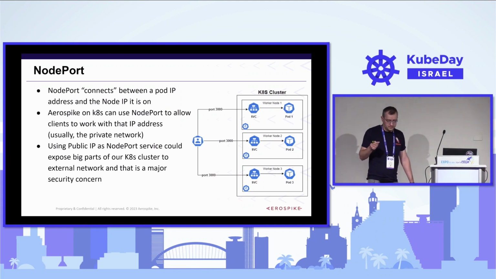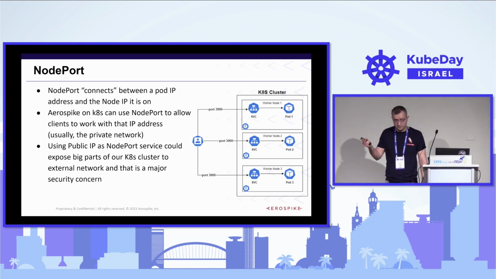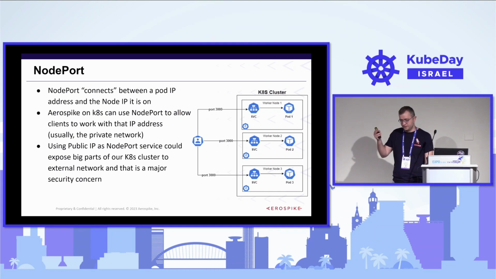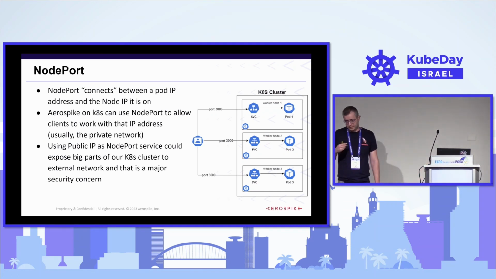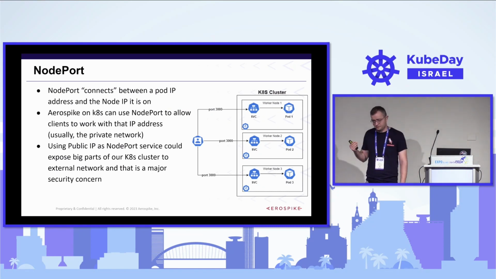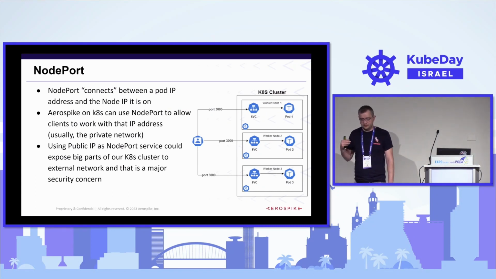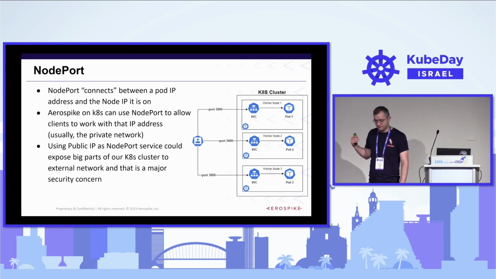In those cases, you can use cluster IP if you need the service discovery of Kubernetes, or you can use headless services, as we in Aerospike do, because we're implementing the service discovery on our side.